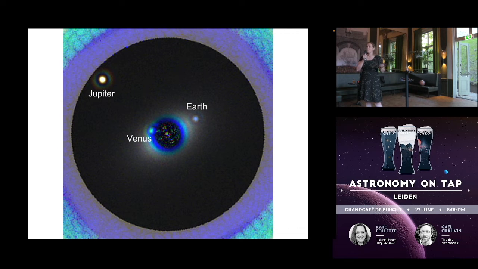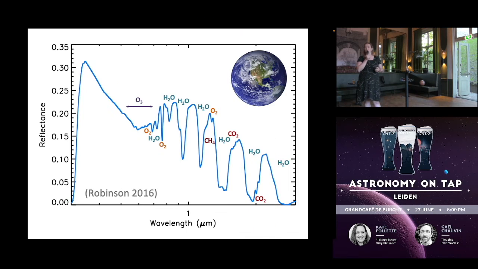Now, why is that interesting? Because if you do the same thing I talked about for that Jupiter mass planet, where we could determine that it had methane in its atmosphere, you could do the same thing for Earth. This is what the Earth's reflected light spectrum looks like. And what's really exciting about it is that there are all kinds of interesting things that we can characterize here that tell us about the Earth's biosphere.